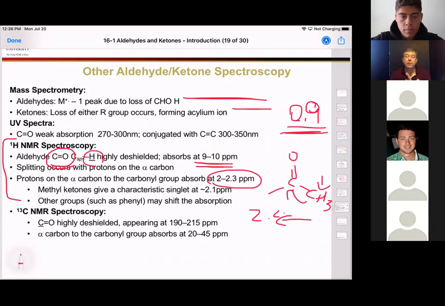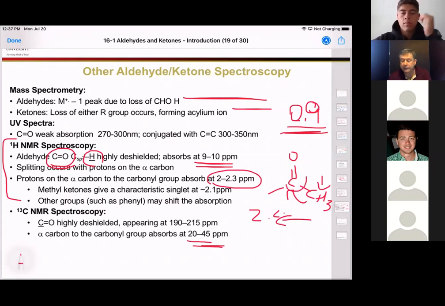Okay. When we talk about carbon NMR, those carbons that are adjacent to the carbonyl carbon are shifted slightly higher than they would normally be. Normally it's in the 15 to 20 ppm range. They're shifted slightly higher to the 20 to 25, again, from the de-shielding of having that carbonyl carbon take some of that electron density away.